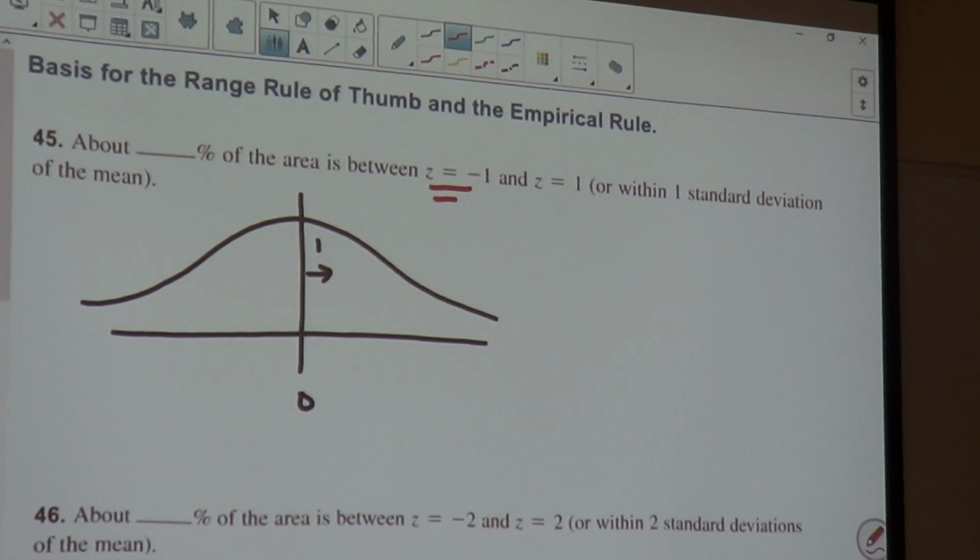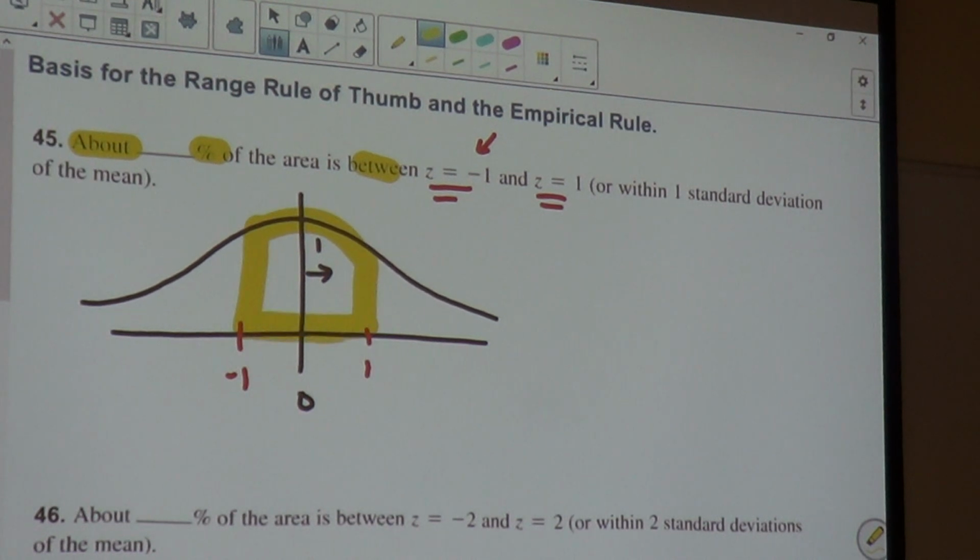So they want us to use two Z values. Which side is this Z value going to be on? The left. And this Z value is going to be on the right. And we want to know the percentage between, which means we want to know this.